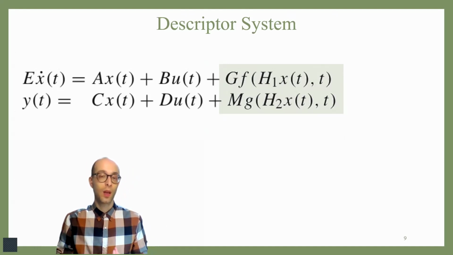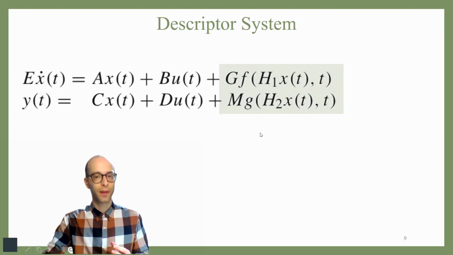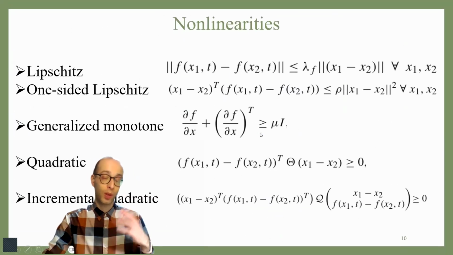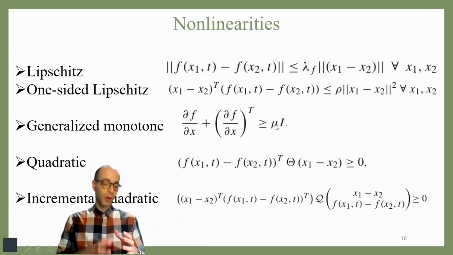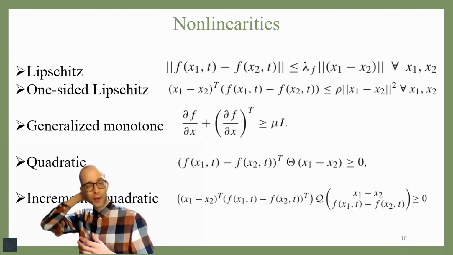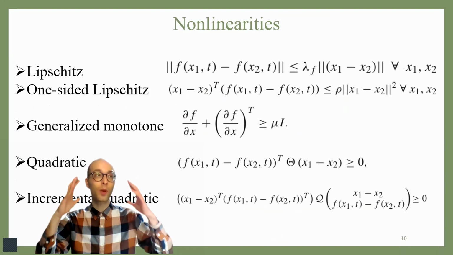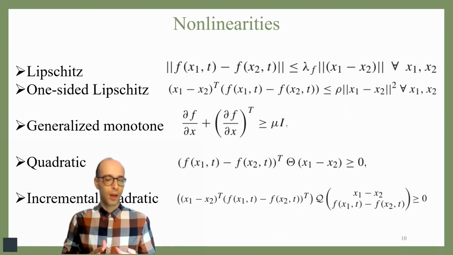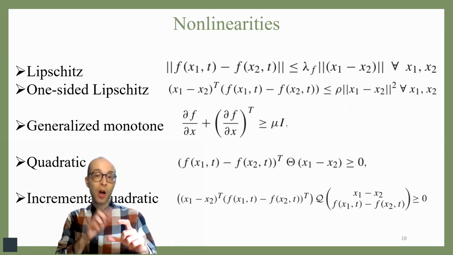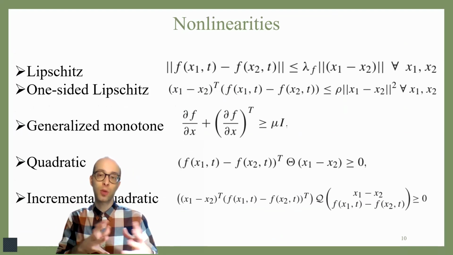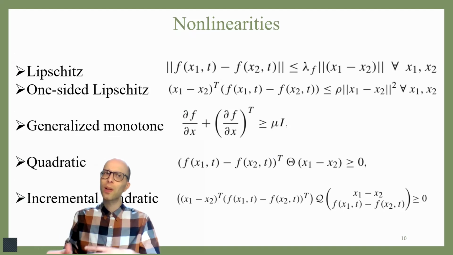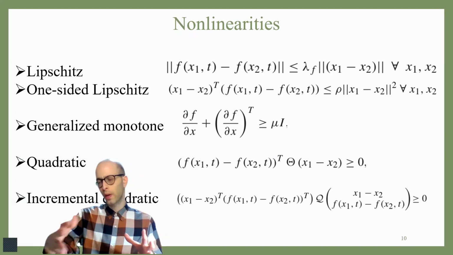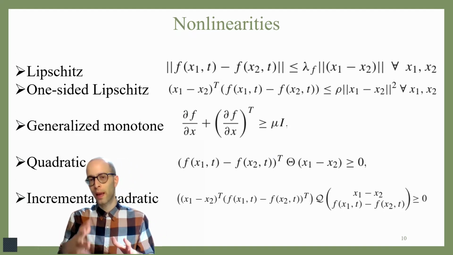Because the idea is this, when deriving the LMI, what we need to know about the nonlinear function basically is some sort of way to bound the function. So by knowing how we can have a bound for this nonlinear function, we can actually discard it in the process of creating the Lyapunov function and the LMI.